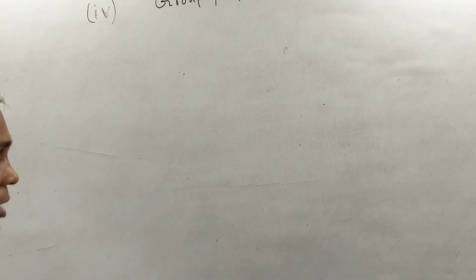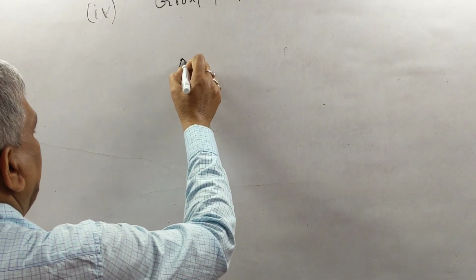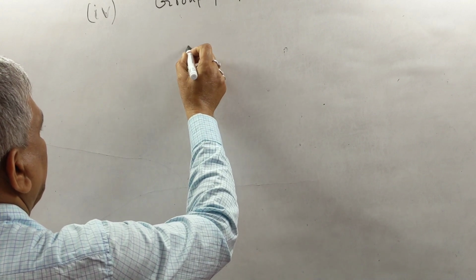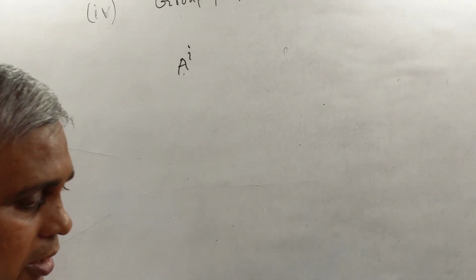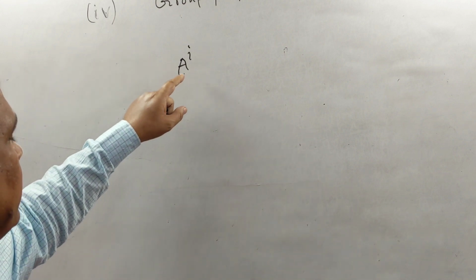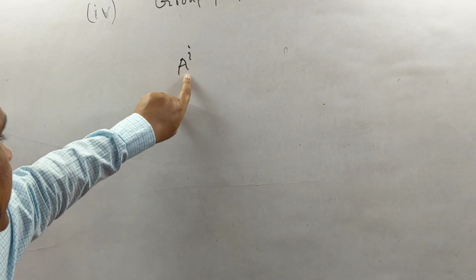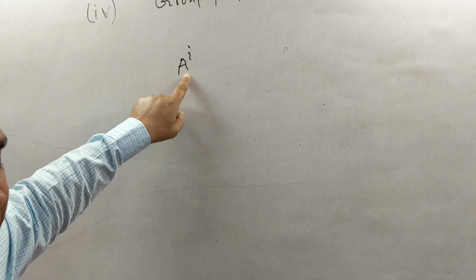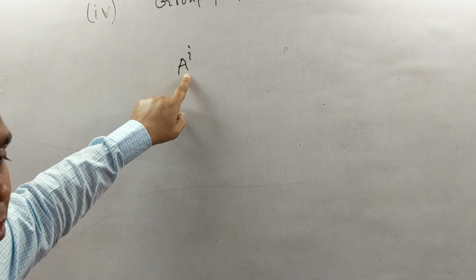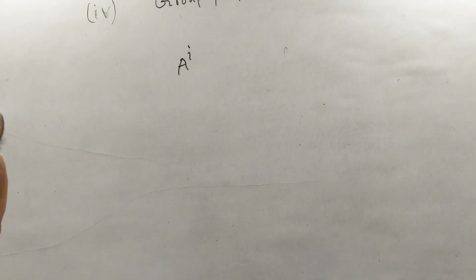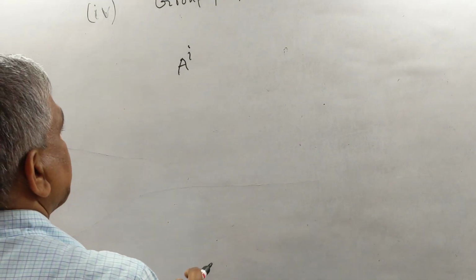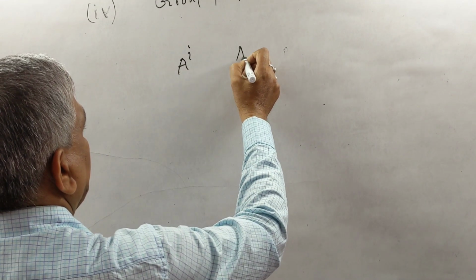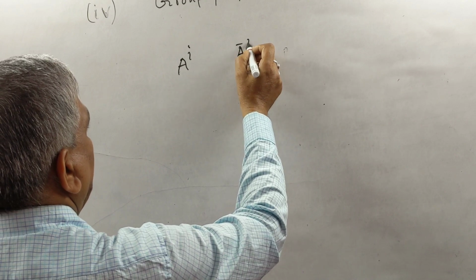Let A i be a tensor of rank 1, that is a contravariant tensor of rank 1 in X system of coordinates. Its corresponding value in X bar system of coordinates be A bar i.